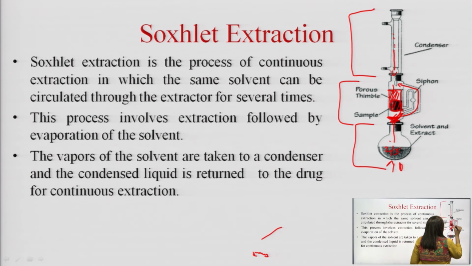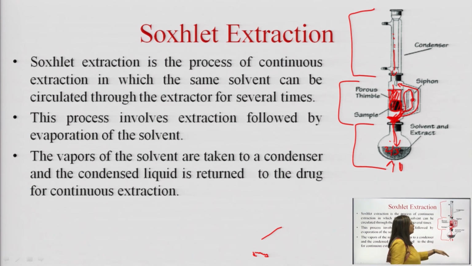Once the complete maceration or extraction is done, the level of the extracted solvent rises, and once it rises to the siphon level, it completely drains out and reaches back to the RBF. Now, this return fluid has the extracted phytoconstituent as well as the solvent system, and again it gets reheated and reaches the condenser, and this cycle continues.